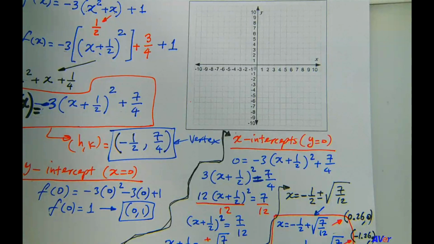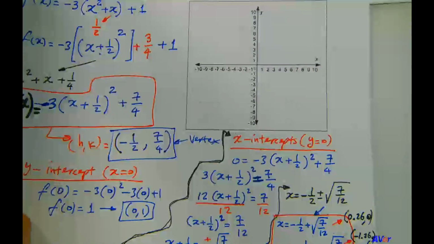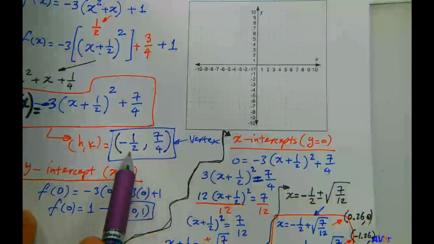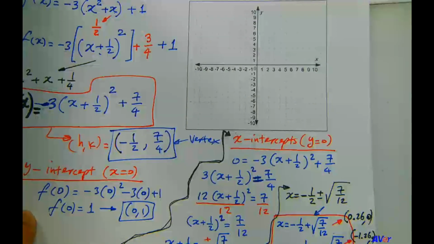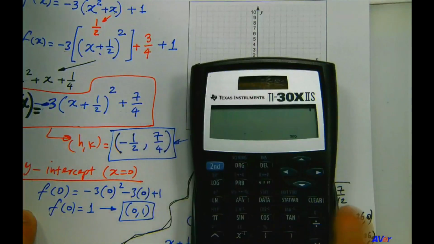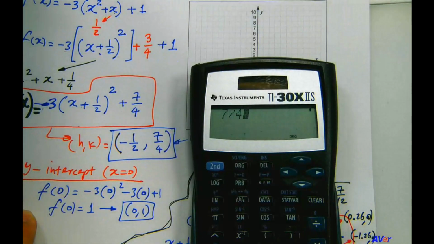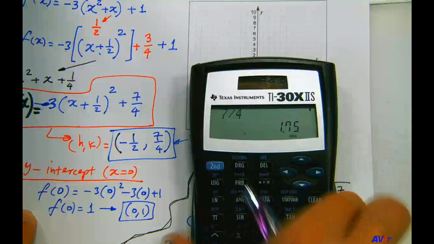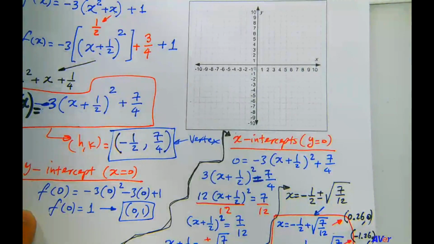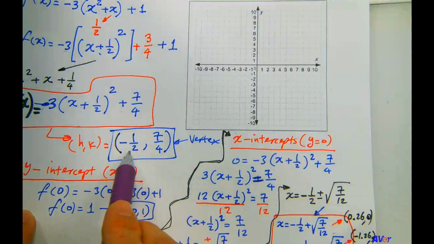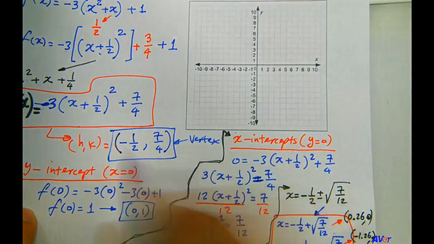Okay, that should be everything. So let's plot these points. We have the vertex. Oh, by the way, 7 over 4, what is that? That is 1 point something, right? So let's calculate this. 7 divided by 4 is 1.75. So minus 1.5 is minus 0.5.